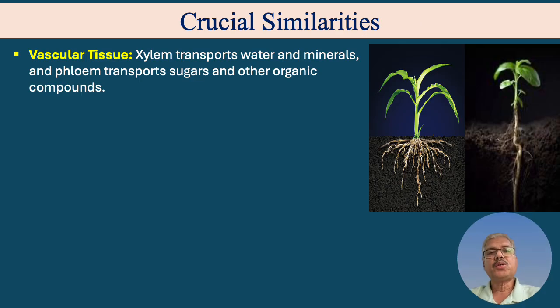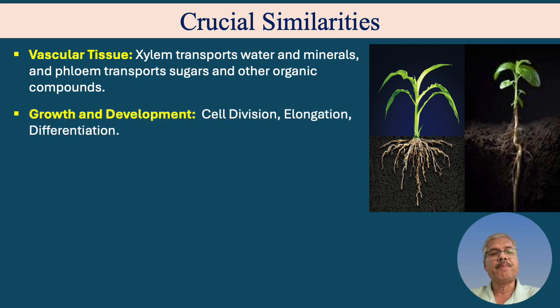While the root and the shoot systems have distinct functions, they also share some crucial similarities that highlight their interconnectedness. Both systems possess vascular tissue, that is xylem and phloem, that are continuous throughout the plant. The xylem transports water and minerals, and the phloem transports sugar and other organic compounds, enabling the flow of essential substances between the two systems.